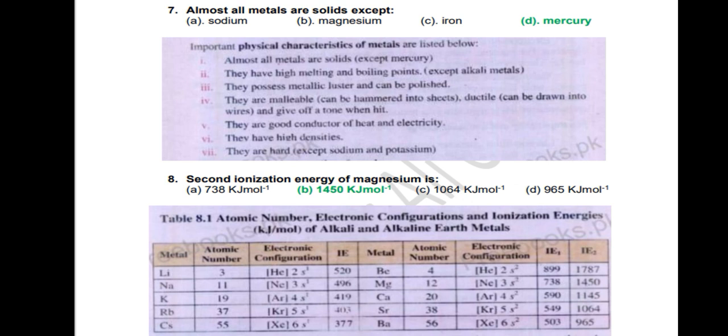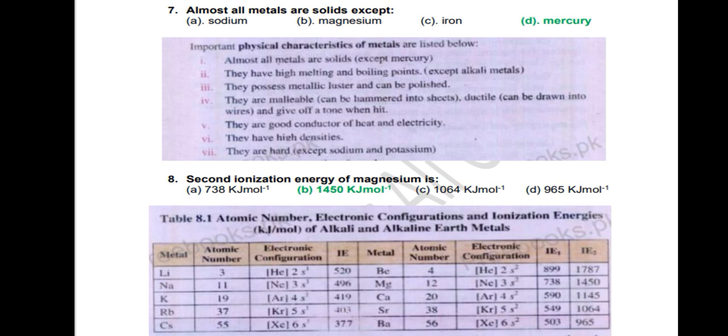You can see in the second row, magnesium has the first ionization energy equal to 738, and the second ionization energy equal to 1450 kilojoule per mole. This is a very large amount of ionization energy.